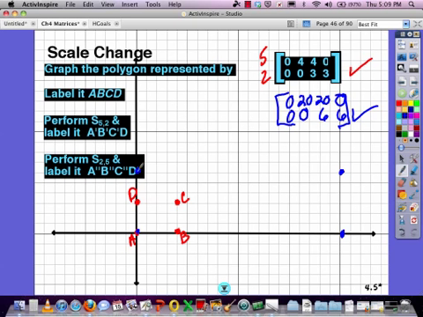Then perform the scale change of 2, 5 on that. So one more step here, and now we're going to take a 2, 5, and actually let's make this one green. Perform the scale change of 2, 5 and label it.